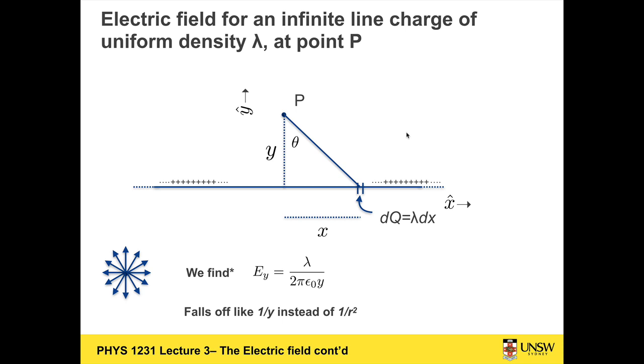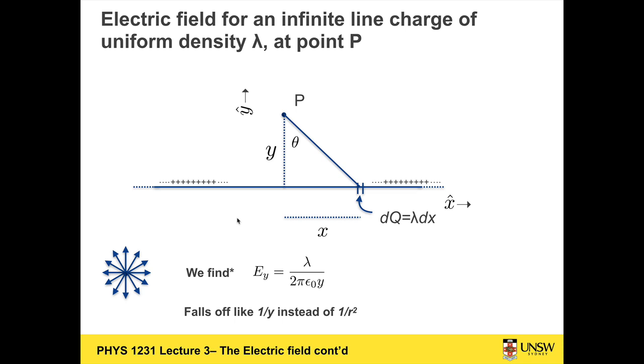Obviously, the electric field should not depend on where you are going around this line. As long as you're the same distance from it, it has to be symmetric. So if we're looking down the wire, the electric field has to radiate out this way from the wire.